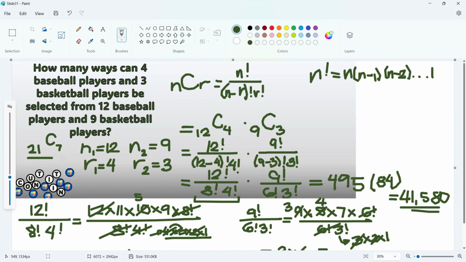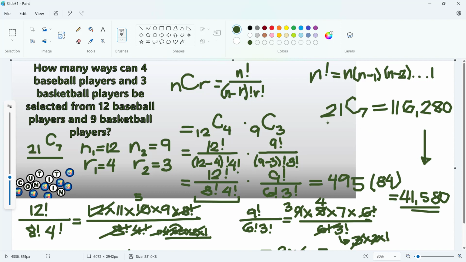Take note, it's very different from this, because if you will just have simply 21 taken 7, if you're going to try your calculators with that, you will have here 116,280 combinations. But because of the specifications that there should be 4 baseball and 3 basketball players, we trimmed it down to this one here.